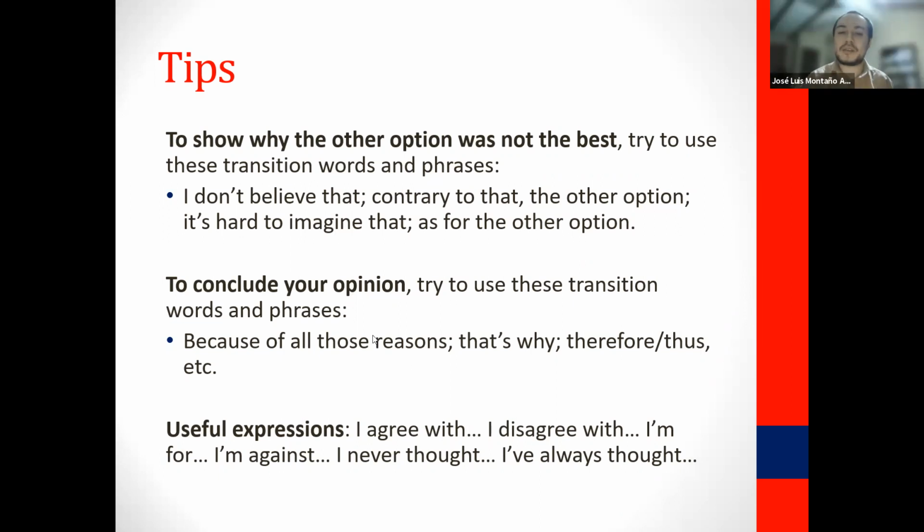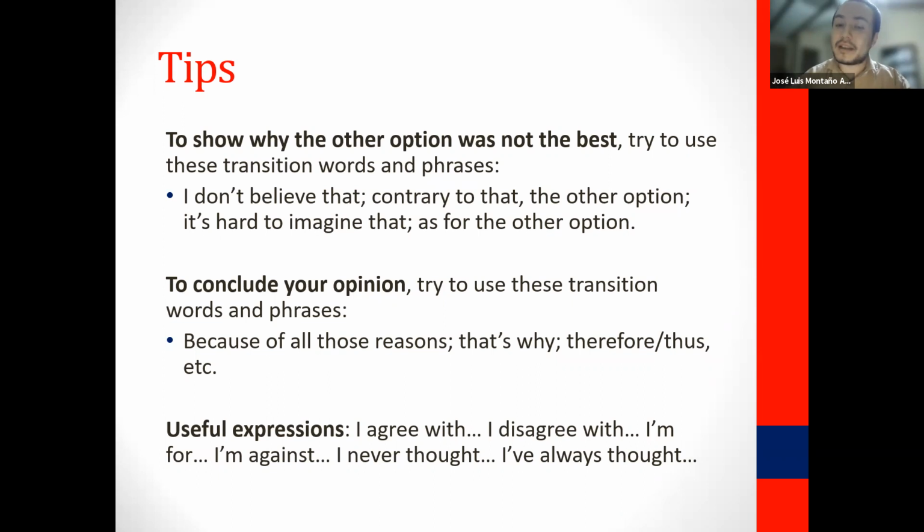Now, this is very important. After you support your idea, right? I believe that this is the best option because of this and that. In fact, this example in my life, as you said before, this and that. Now you talk about the option that you didn't choose. So you say, I don't believe that giving him access to a computer is the best option, right?